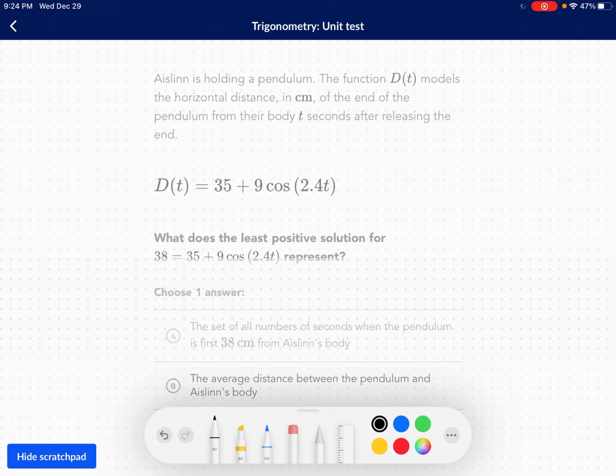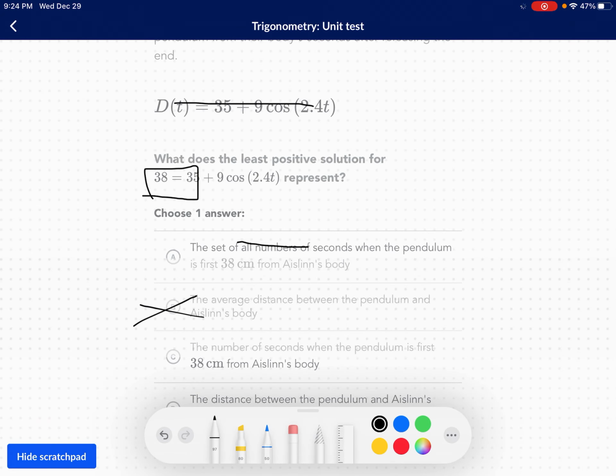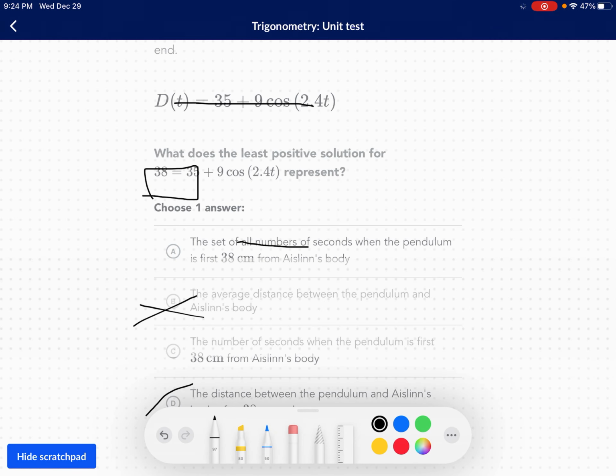Nice. Last question. Okay, what does the least positive solution for that represent? So, the horizontal distance of the end of a blow from their body, that represents that. That's given. And we need to find out the seconds. So, this says distance.